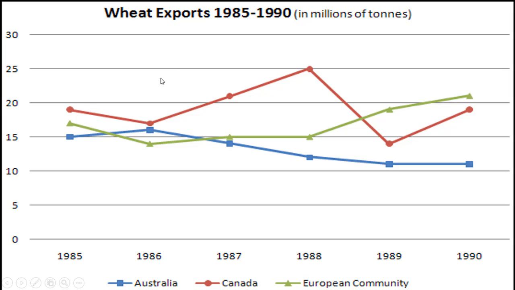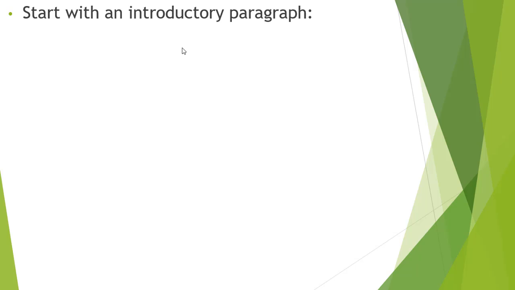Okay? So look at the trends. Try to figure them out, try to understand how they are, and take your time before you move to writing the introduction. We will write the introduction together, and we will write the whole task together now to see how to do it. You start again with an introductory paragraph.